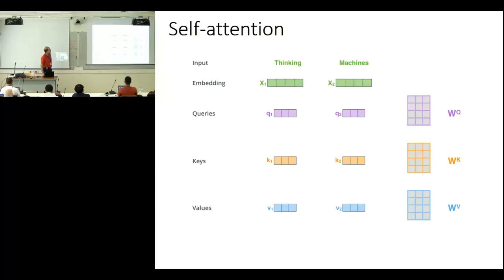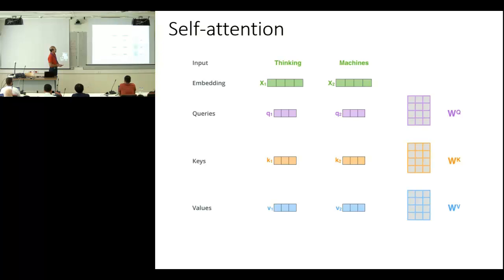How does the self-attention work? Let's suppose that the input is "thinking machines". After embedding, we get these embedding vectors for thinking and for machines. From these vectors, we will produce other vectors which we call queries. How?